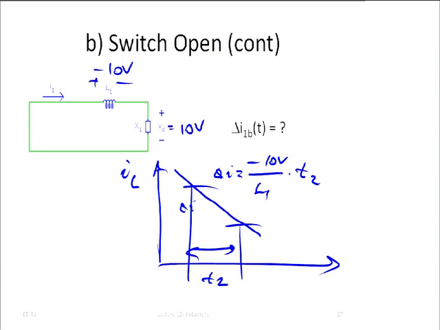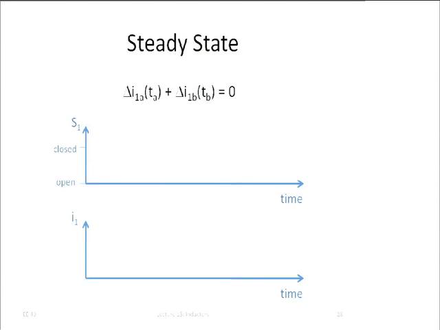All right, so apparently that's what's happening. When the switch is closed, the current increases, right? When the switch is open, the current decreases. When the switch is closed, it increases again, and so on. The current does a zigzag like that.